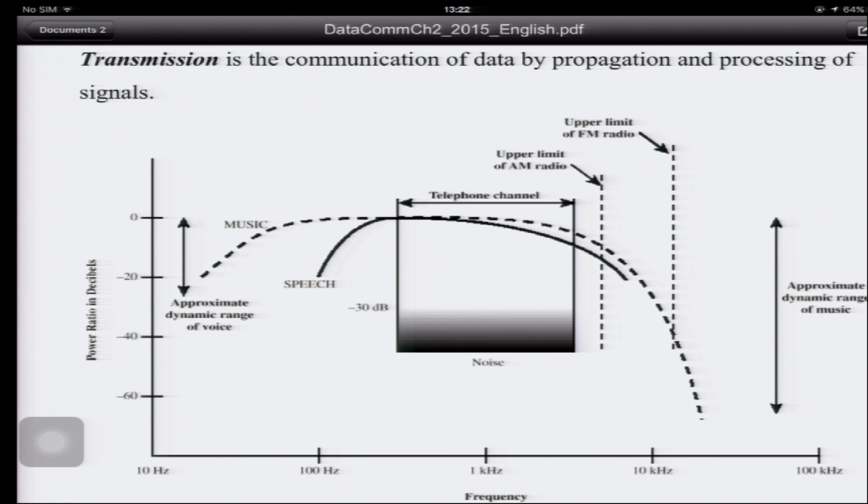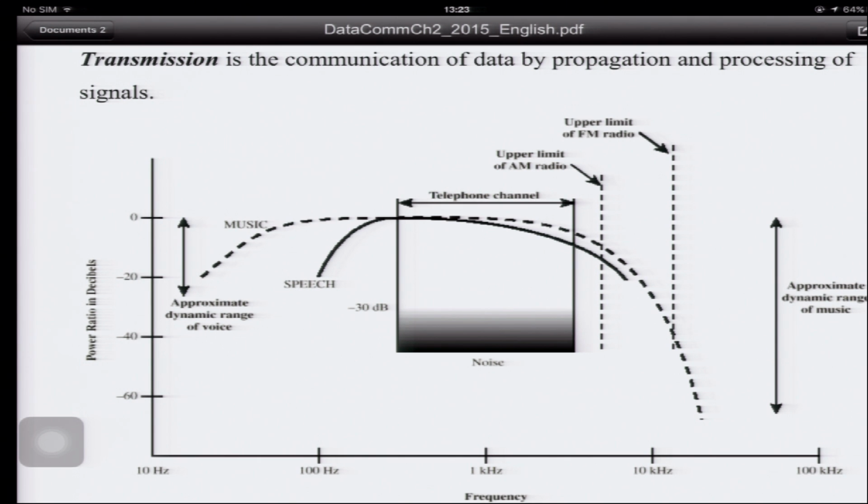For AM radio, the upper limit is a little bit more than the telephone channel, so it already covers most of the speech frequency. So when someone calls and talks to the DJ, or when the DJ talks, you hear almost the same as his or her voice.